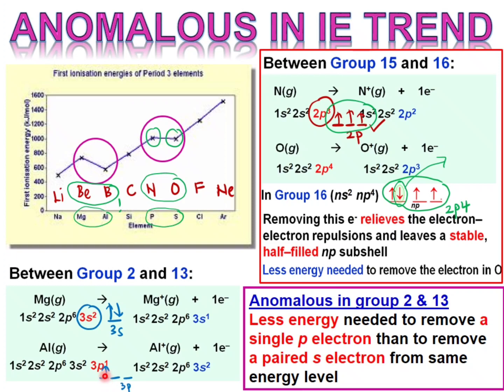So sangat senang, ambil je tak apa. Tapi dalam rumah S, 3s ni penuh 2 elektron. Dah ada 2 pasangan kat dalam tu. So nak pisahkan seorang senang tak? Susah. So you need more energy to remove electron in magnesium compared to aluminium. That's why you lihat dekat magnesium ni dia menurun pada aluminium, sebab aluminium need less energy.